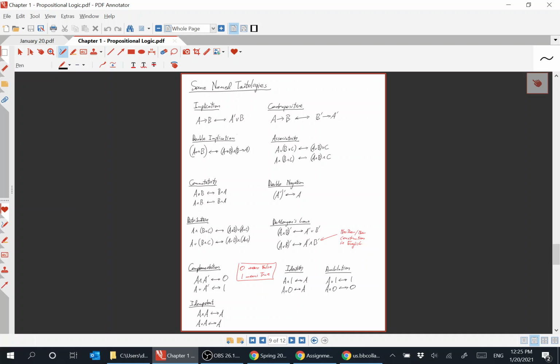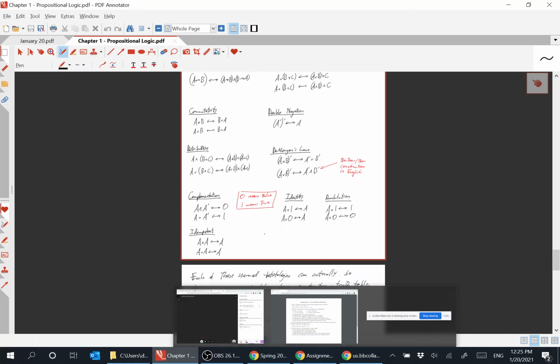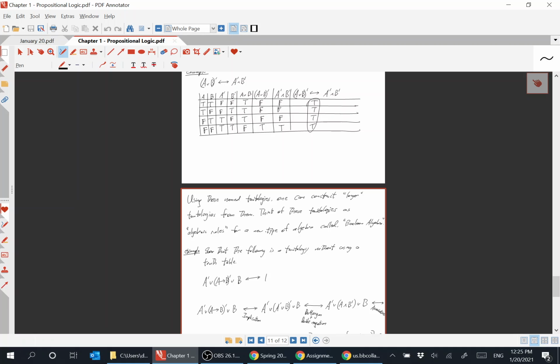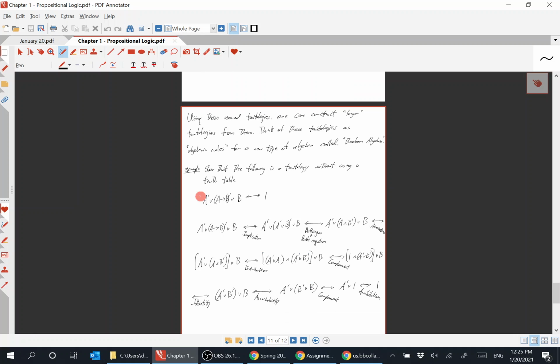We use those to prove that this was a tautology right here last time: A naught or A implies B naught or B is logically equivalent to 1. In other words, it's always true.